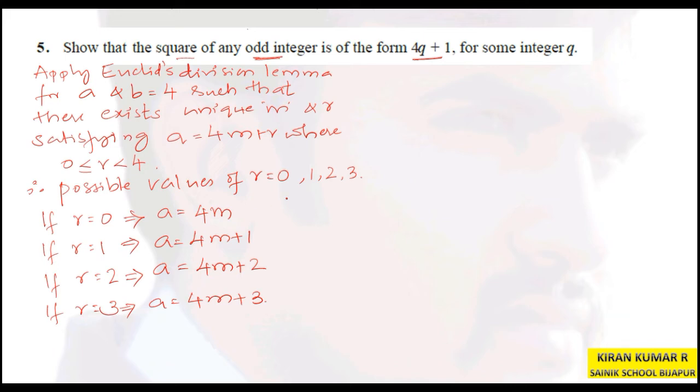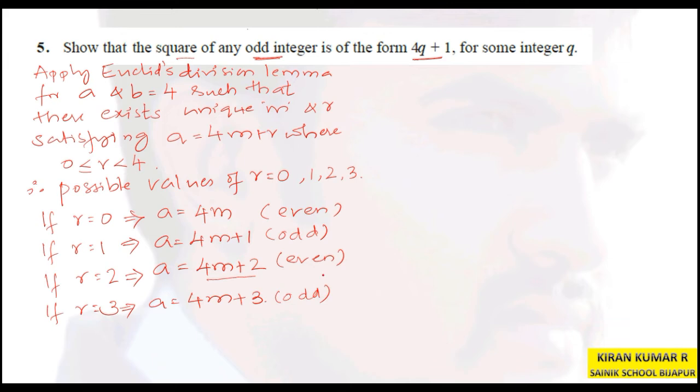Look at the first one. R is equal to 0, then a is 4m, which is a multiple of 2, so it is even. This one is 1 added to even, so it is odd. Here 2 can be taken common, so it becomes 2 times of 2m plus 1, which is even. This is 1 more than the previous one, so it is odd.